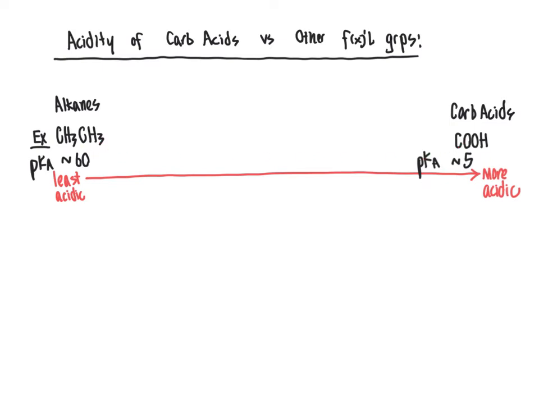In the middle of this spectrum, between alkanes at the less acidic end and carboxylic acids at the much more acidic end, we have things such as alkynes with their sp hybridized carbon.